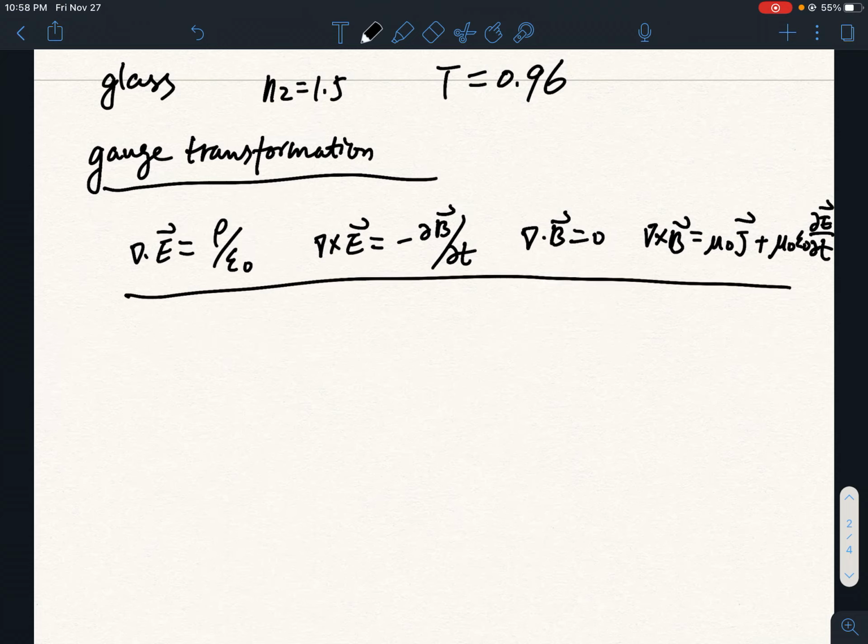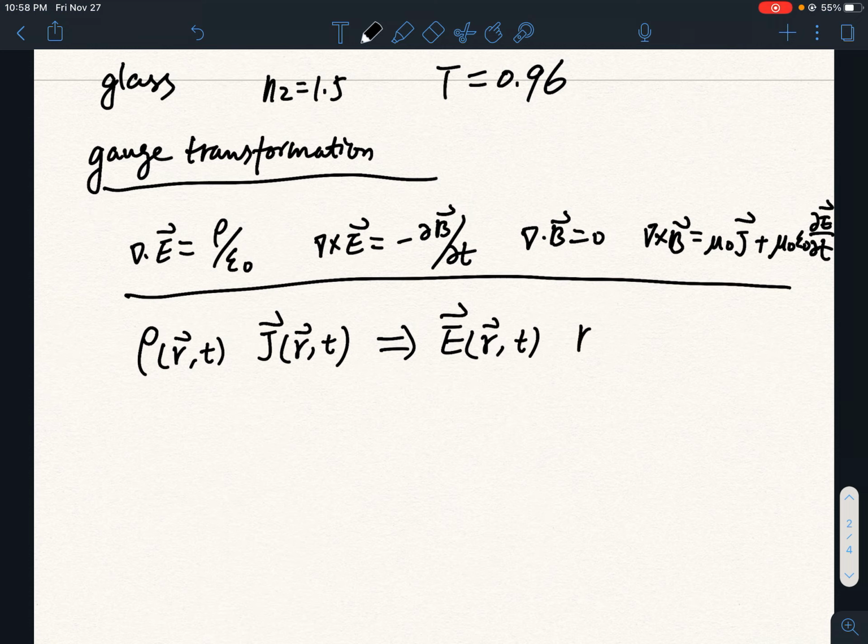Often, we are told what the rho distribution is and what the J distribution is, and we want to use these equations to figure out the electric field and the magnetic field.